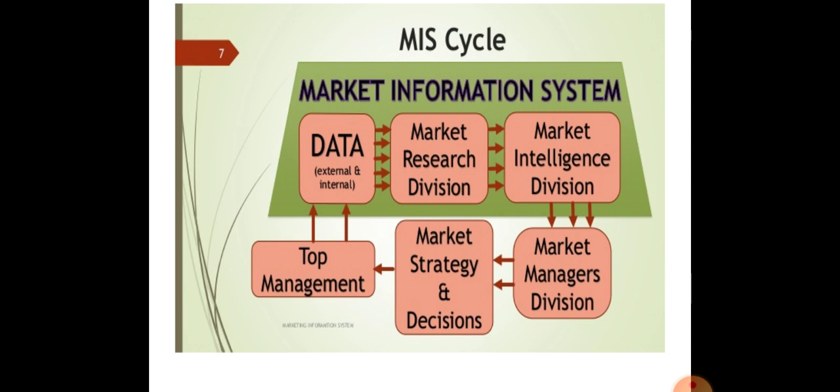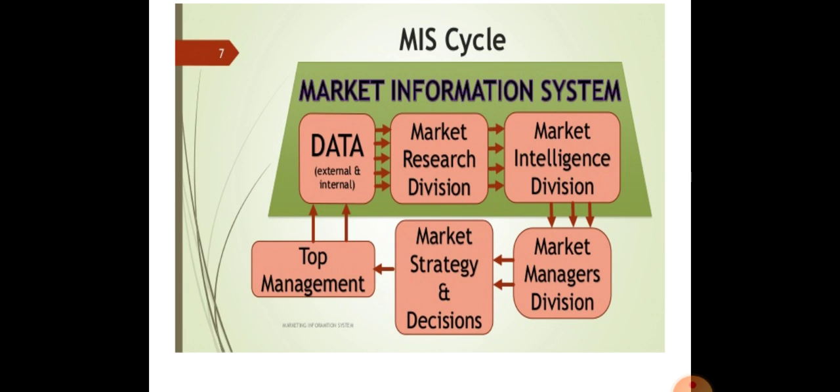Then we proceed to the marketing managers division, and we send the data and information. Then we share it for market strategies and decisions. Ultimately the marketing managers division does the whole work of collecting the right type of data and information, converting it into a market strategy and taking the right type of decision.